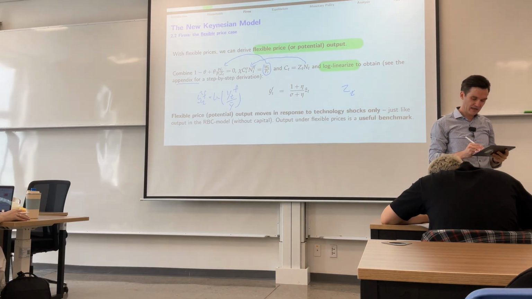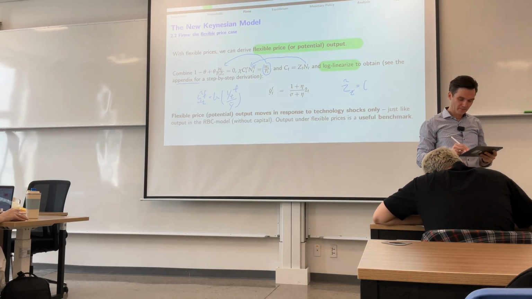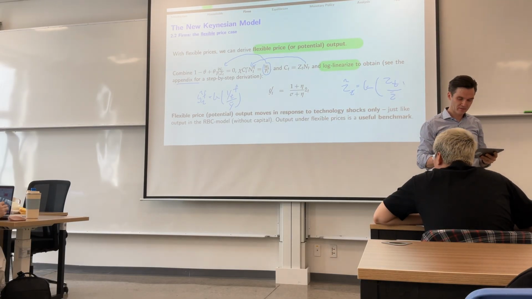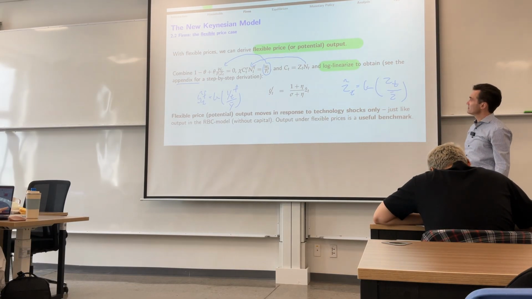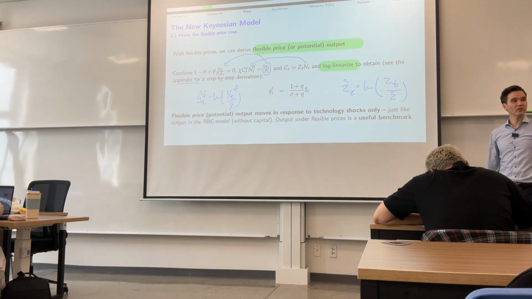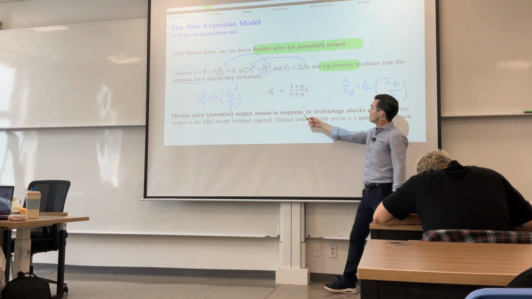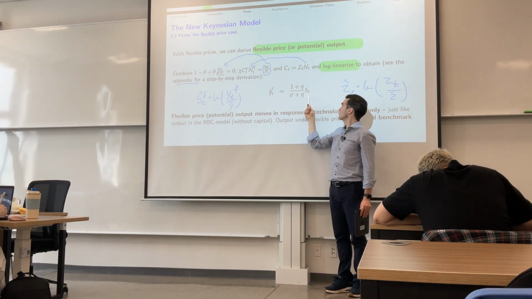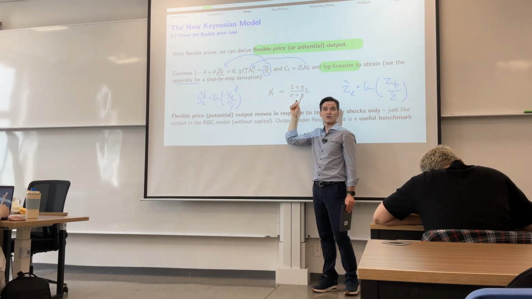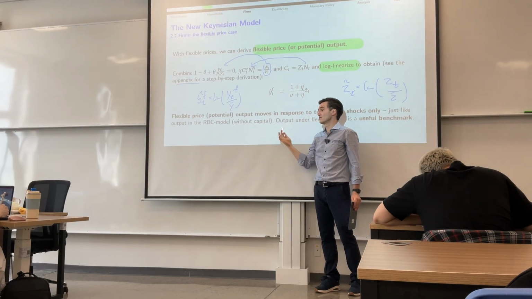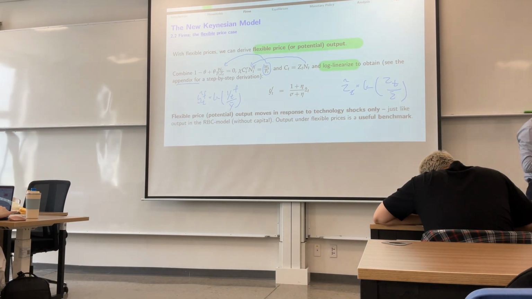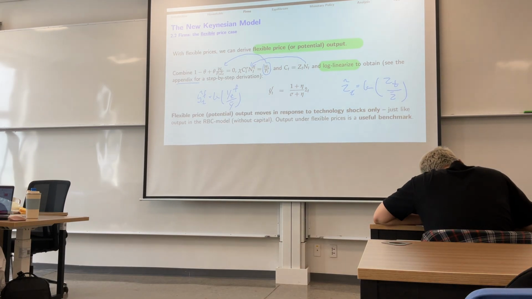So ZT hat is equal to the natural logarithm of ZT over Z bar. So that's nothing else than just the RBC world, right? Where output depends only on fluctuations of technology. When technology goes up, output goes up. When technology falls, output falls. So that's the only driver, so to say, in this model with flexible prices.